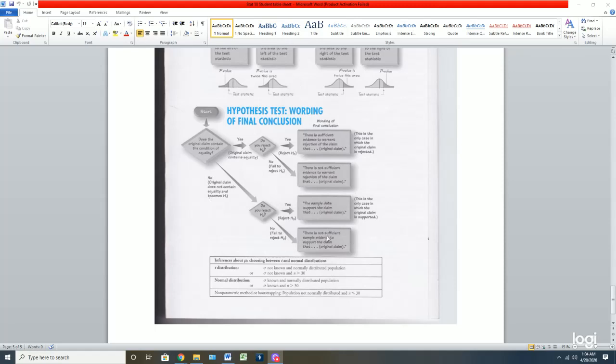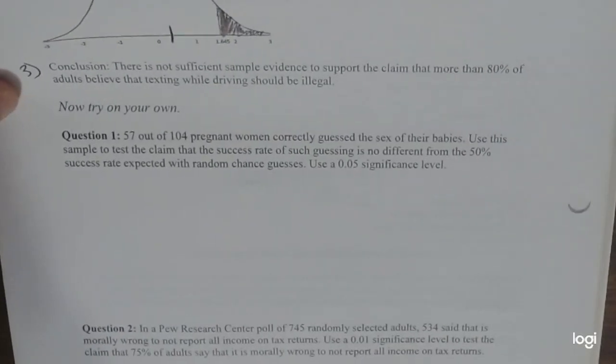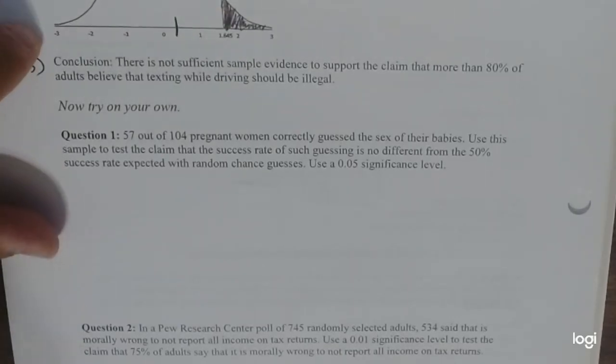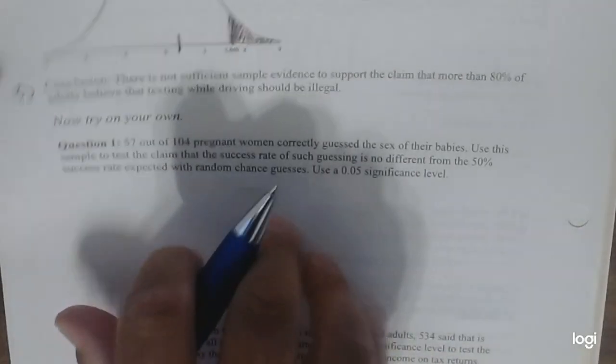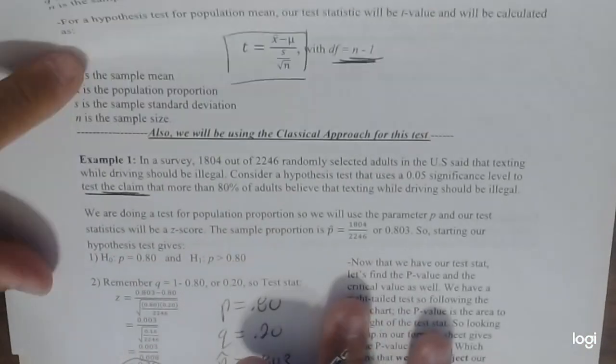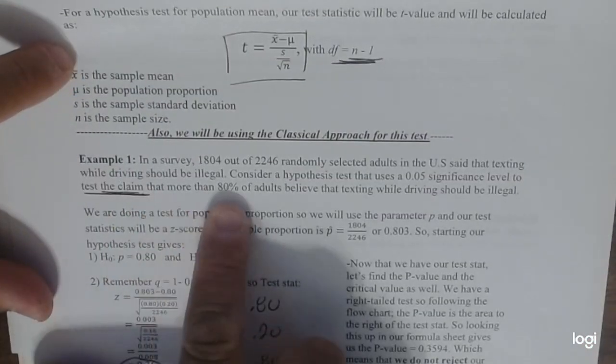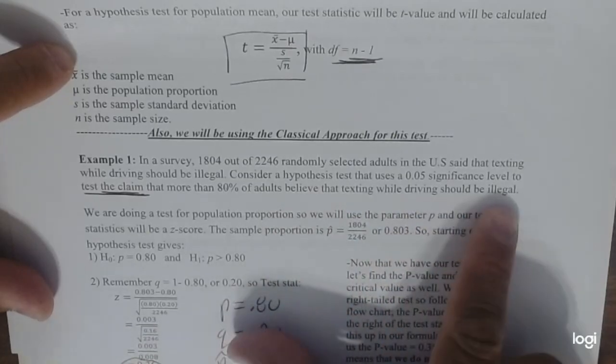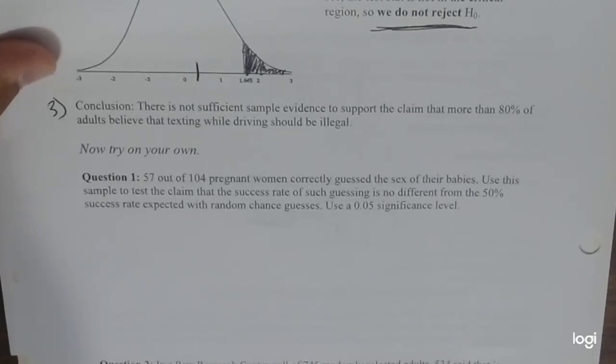So I'm literally going to write, there is not sufficient sample evidence to support the claim that, and notice that is exactly what I wrote down. Now we go back, what was the actual claim? So literally after the word claim, you copy everything down. Claim: more than 80% of adults believe that texting while driving should be illegal. And notice that's exactly what you should write down. And there is your conclusion.